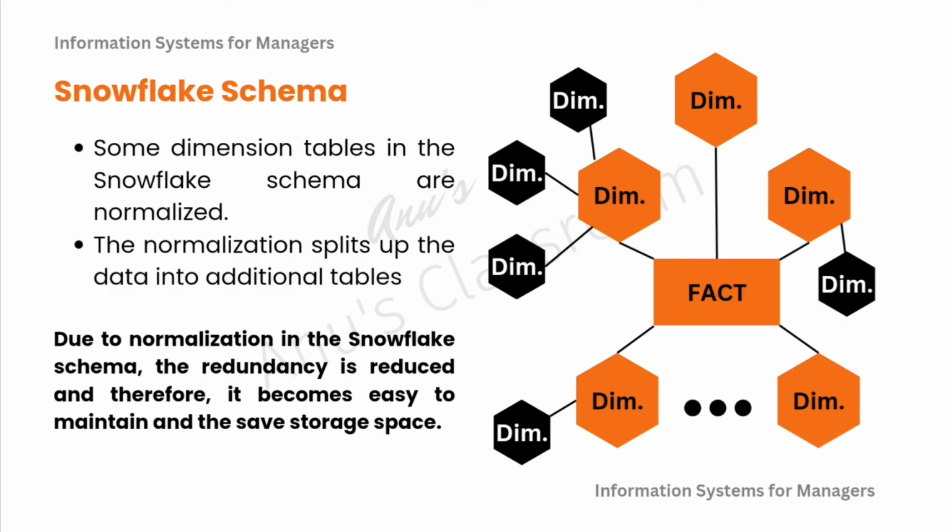Due to this normalization in the snowflake schema, redundancy gets reduced, and therefore it becomes very easy to maintain as well as save storage space, which is very essential because we all know how easily storage runs out, right? Think about corporates.